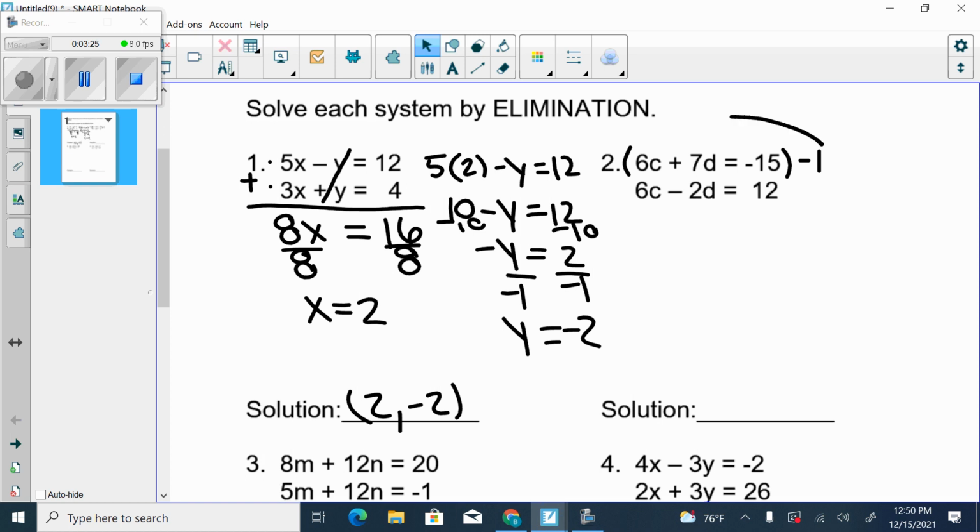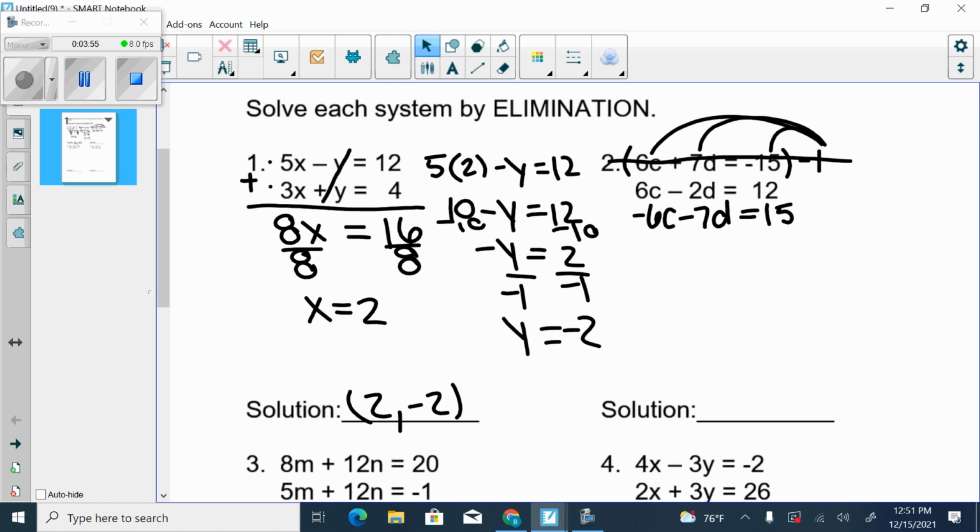So I'll have negative 1 times 6c, which would give me, good, and negative 1 times 7d, which would give us, and negative 1 times negative 15. Negative 15, good. All right, so basically what we did, we fixed our top equation, right? We don't need it anymore because we fixed it.